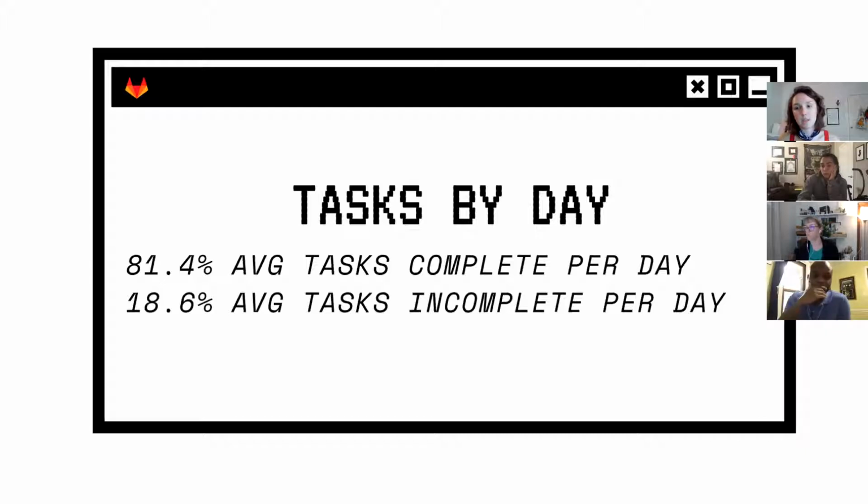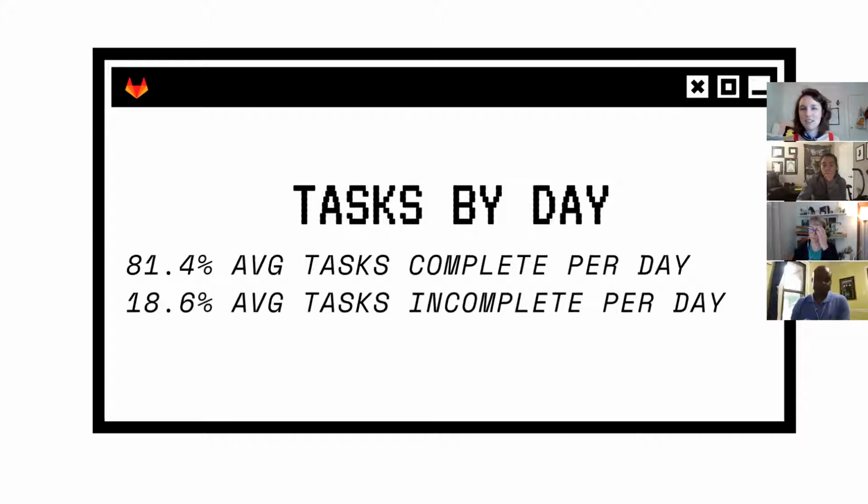So basically, the chart that I broke out by day, the average by day is 81.4% complete and 18.6% incomplete. And so that's what that means.